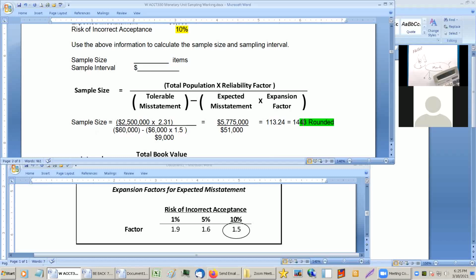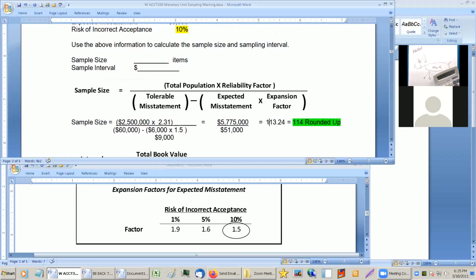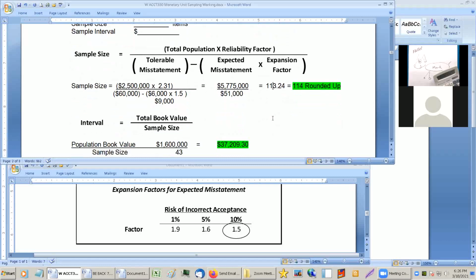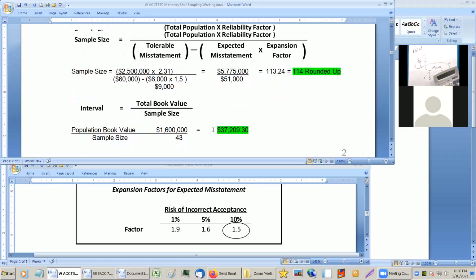So I would say round it up. Now, if you took the 113, that's fine. 113 would actually be according to the plan. According to this sampling technique, that is what you should take. Again, I would just always round up. It's me being paranoid.